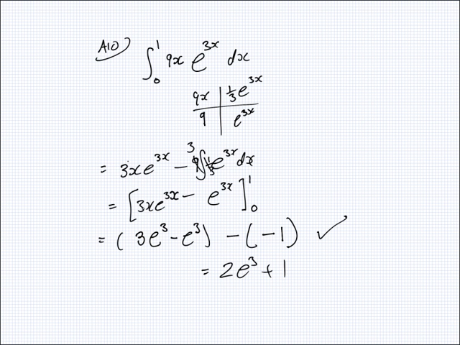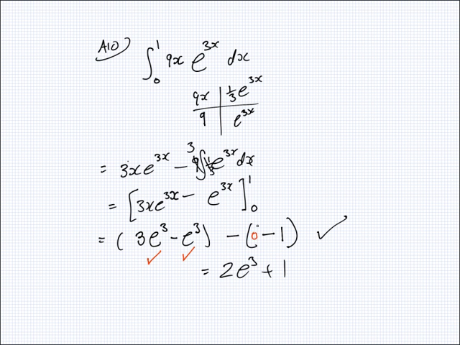No, hang on. Now watch. If I put in 1, I get 3e3. We're happy with that? And if I put in 1 here, I get e3. If I put 0 in here, I get 0, which is there.